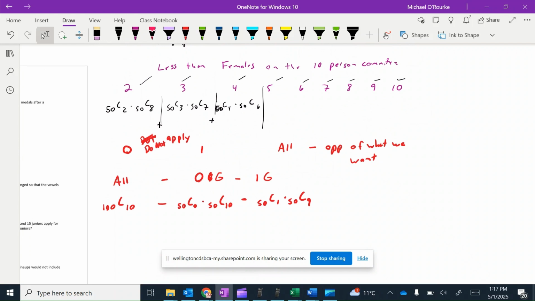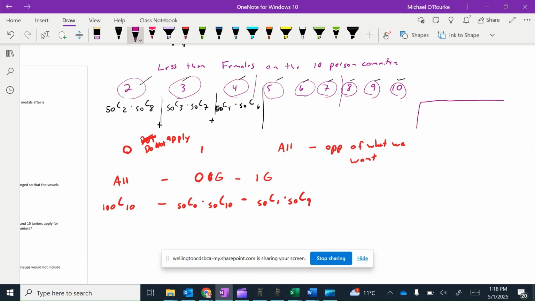less math. If we did it directly, we'd have to figure out 2 plus 3 plus 4 girls plus 5 girls plus 6 plus 7 plus 8 plus 9 plus 10, which is 9 calculations. Indirectly, we have all the options. If you picture a box of all the options, we're going from 2 to 10, and we're figuring out how many are in that box.